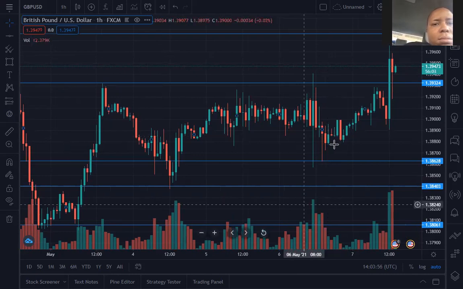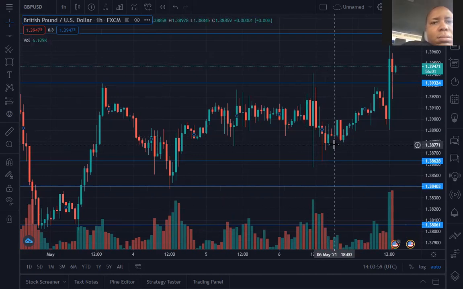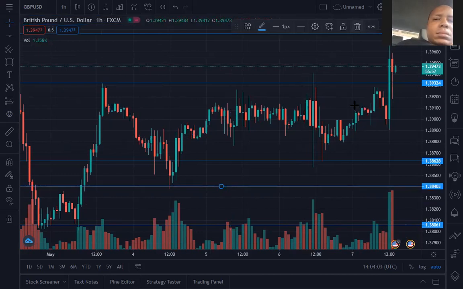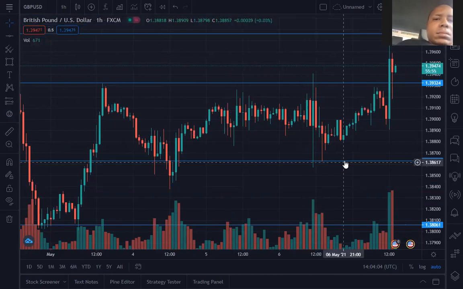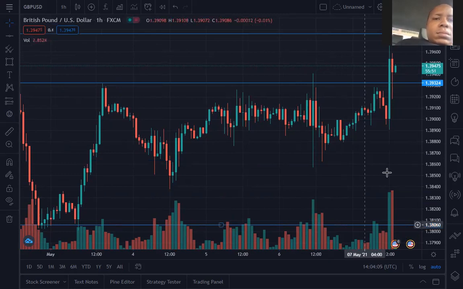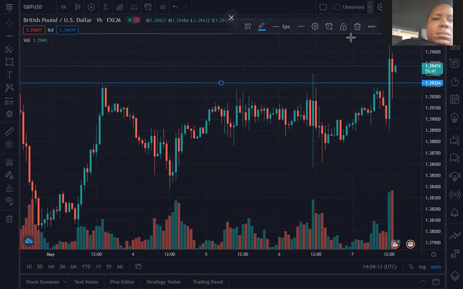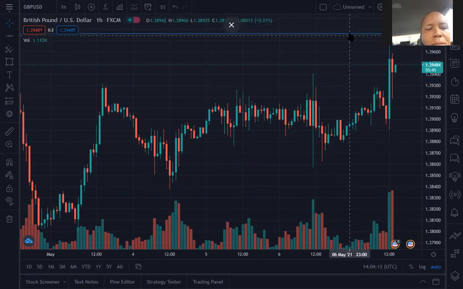So now, after noting the resistance, if you don't want to use the horizontal line, you can also use the rectangle box. Most times we use it to help us shade those colors around.